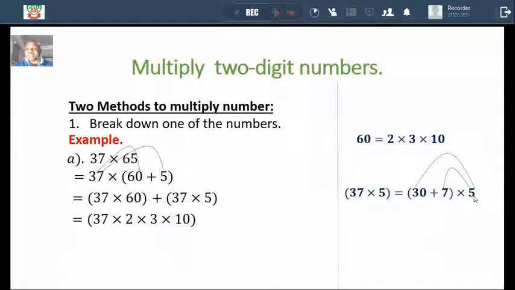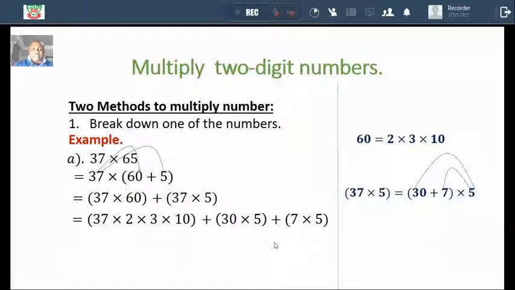And this is going to give us 30 multiplied by 5 plus 7 multiplied by 5. That looks a little bit simpler. Bring them back in here. Now we have expanded that number, which was 37 multiplied by 65. Now it is 37 multiplied by 2 multiplied by 3 multiplied by 10 plus 30 times 5 plus 7 times 5. Looks long, but it's easier to work on when they are smaller numbers.